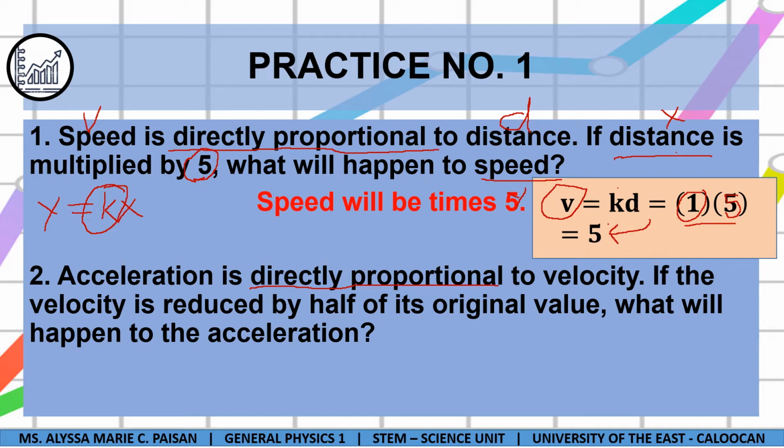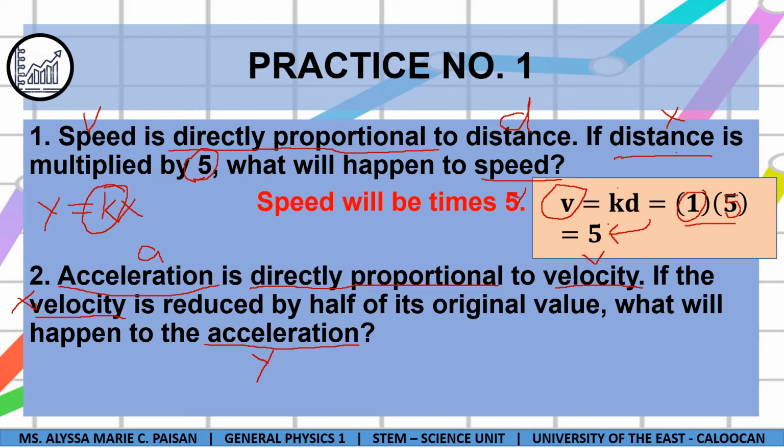We have here the acceleration and velocity. Let's set acceleration as a and then velocity as v. And since the one that we are going to reduce by half of its original value is the velocity, it means that our velocity is the x and the acceleration is the y.